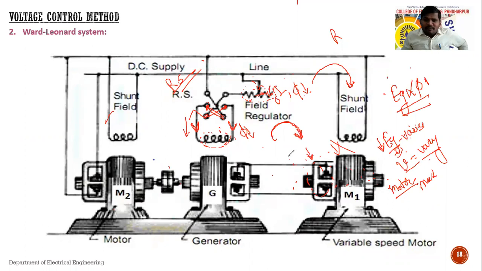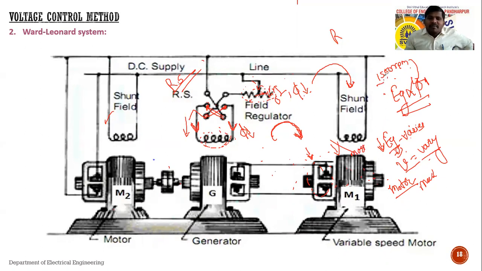Suppose initially the motor runs at 1500 RPM in the clockwise direction. If I use the reversing switch, at that situation the current changes its direction. Due to that, the motor speed also changes its direction.